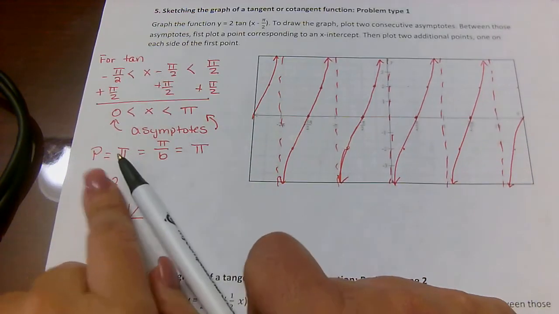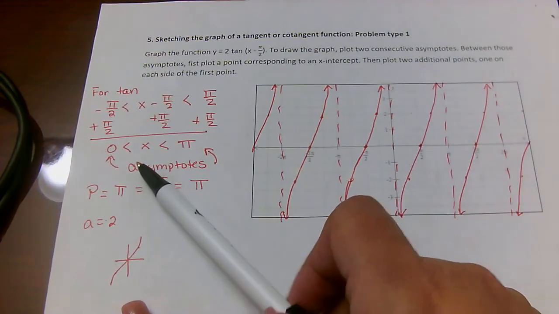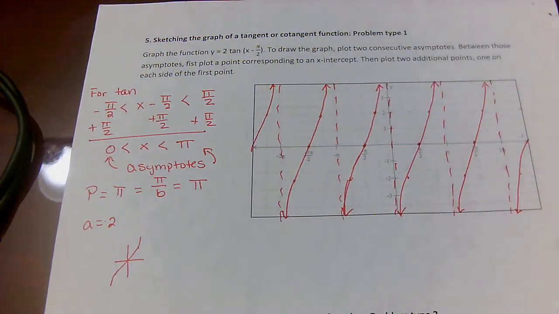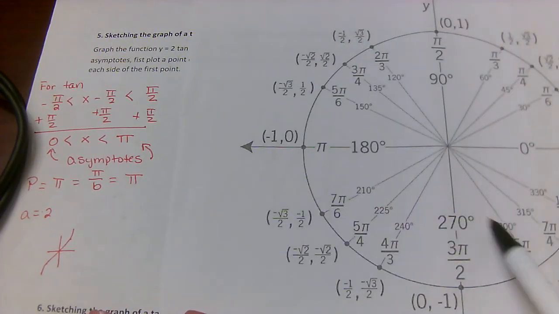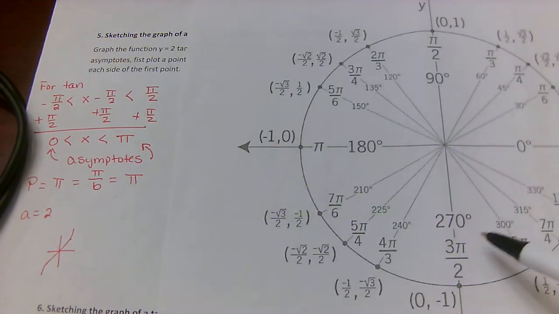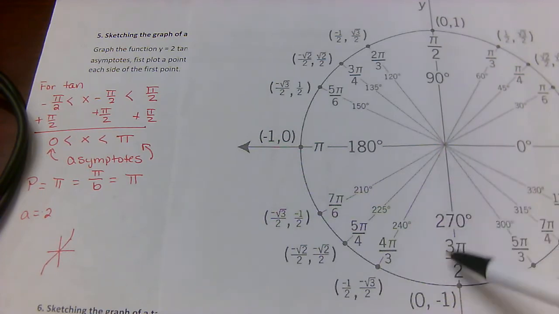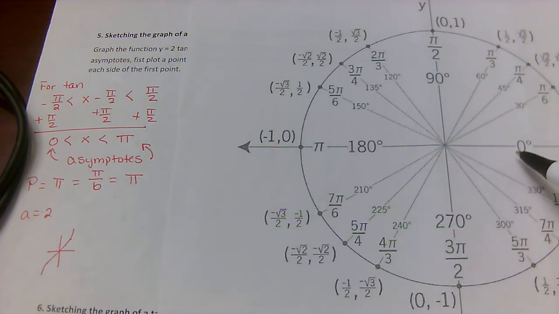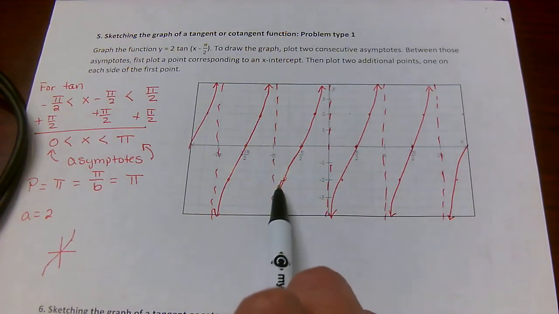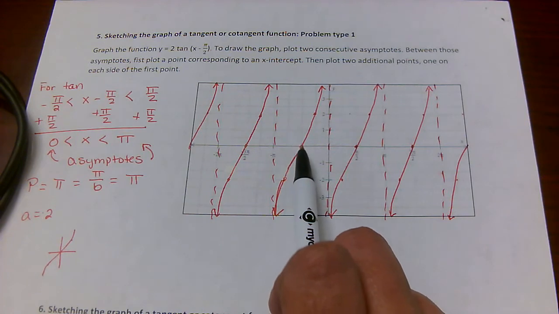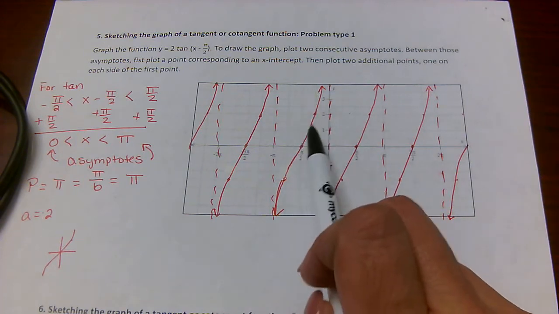Okay. Next thing I'm going to go ahead and do is determine which direction. Now when we're looking at the unit circle, tangent is going to be quadrants 4 and 1. Well, if I'm starting at the first asymptote and I'm going forward, I'm going to have a negative tangent graph. Then it's going to hit the 0, and then tangent will be positive. So if I'm looking here at an asymptote, my negatives are first, passes through the 0, and then my values are positive.